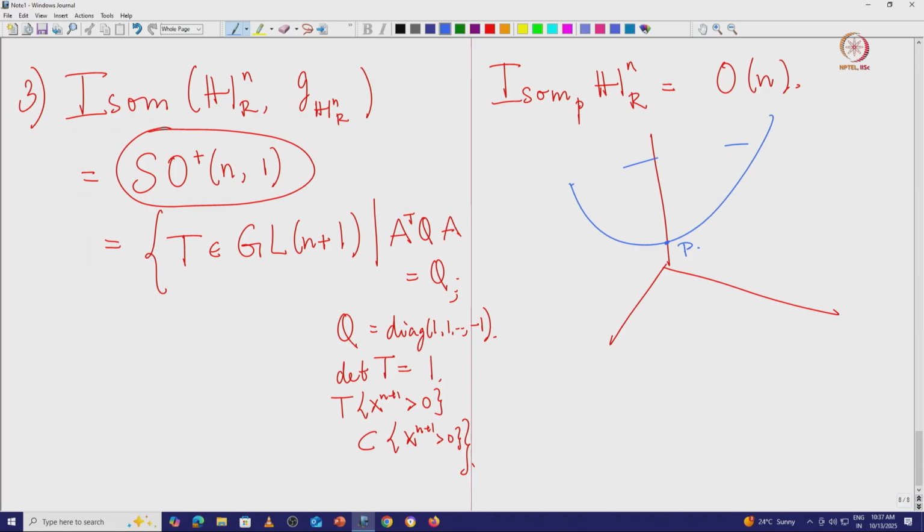Then the idea is that if you simply take the rotations in this R^n that's sitting inside R^(n+1), then that's actually going to preserve the quadratic form Q, and it's going to keep this point P fixed, right? So that is going to be an isometry of the hyperbolic metric. And of course rotations in R^n is basically just given by O(n), right?